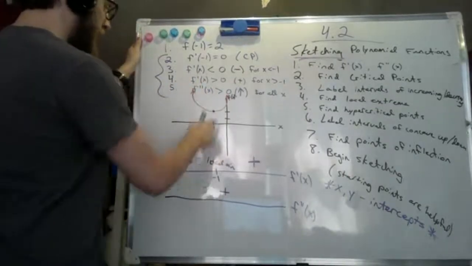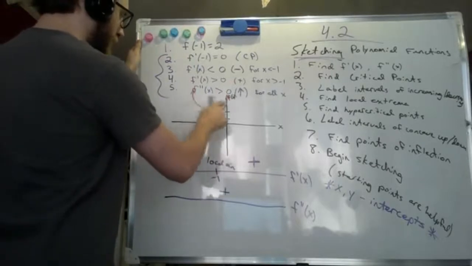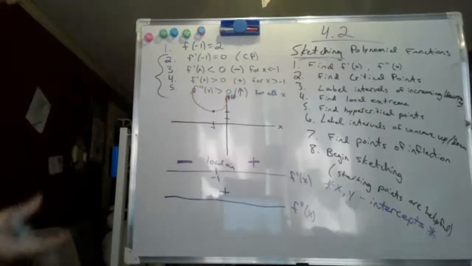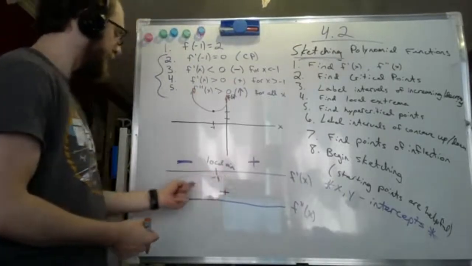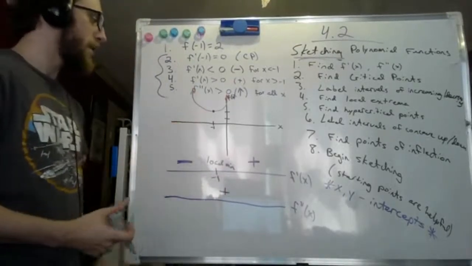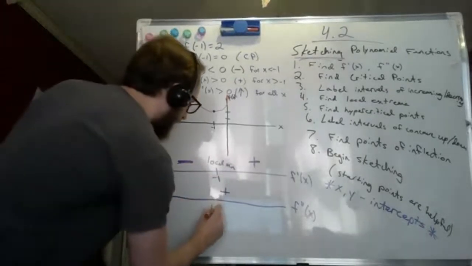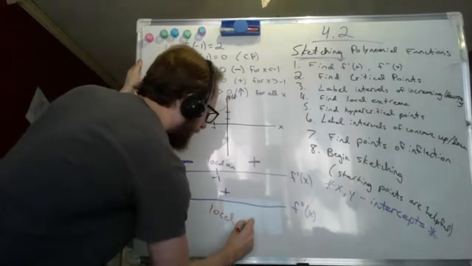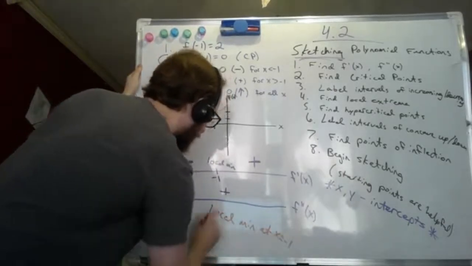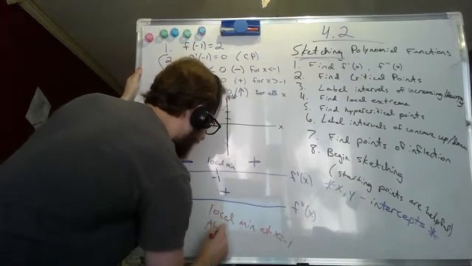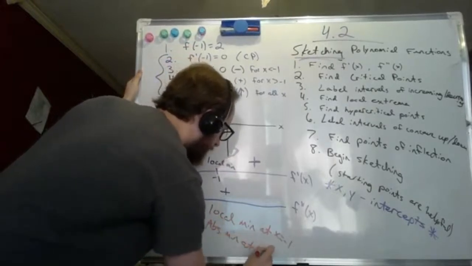And when we draw it like this, we have our local min here, so it's labeled. It makes sense. It is a minimum for this graph. And in fact, based off of this information and these labels here, it actually looks like this is probably an absolute minimum. So we have a local min at x equals -1, but we also have an absolute min at x equals -1.